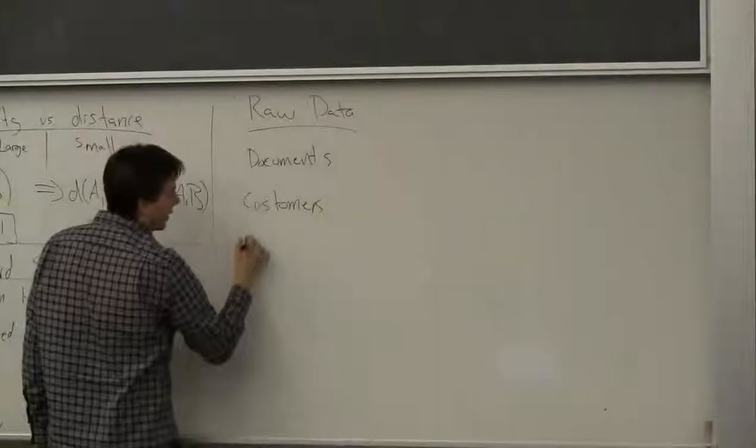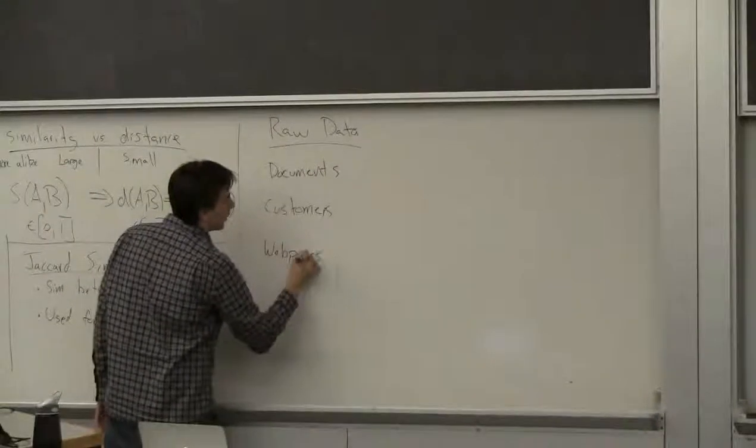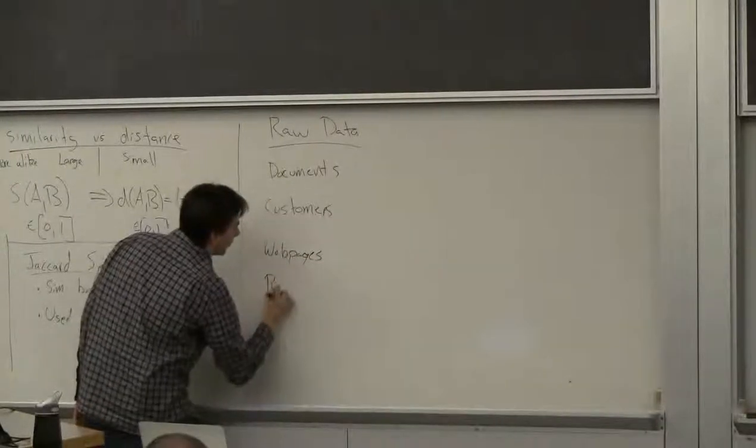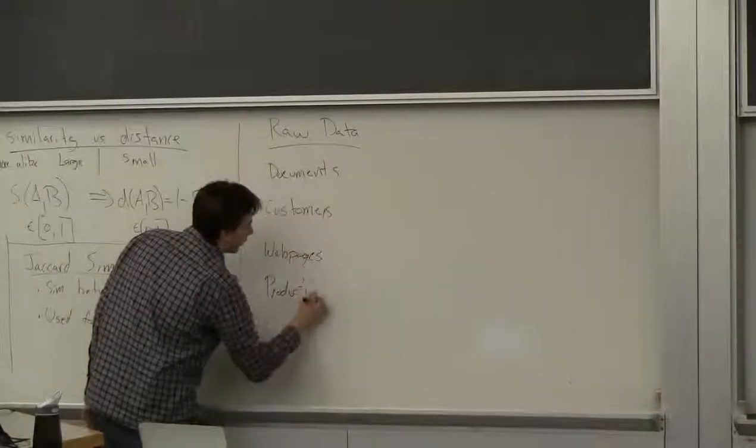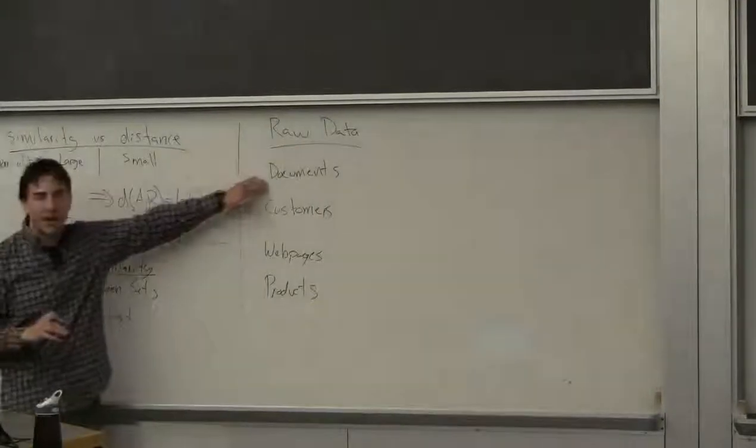This could be web pages. This could be products. Okay, and we're getting this raw data, and this is in some format that may not be very convenient, not just the format how it's stored, but there's lots of extra information there. If this is a string of text, what do you do with it?